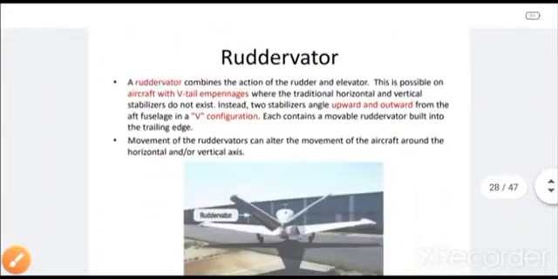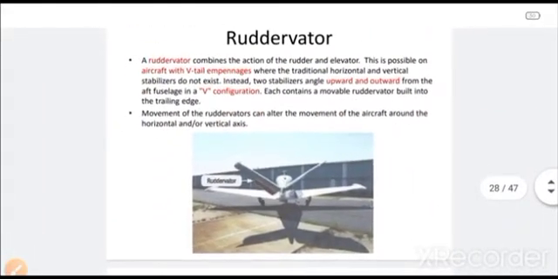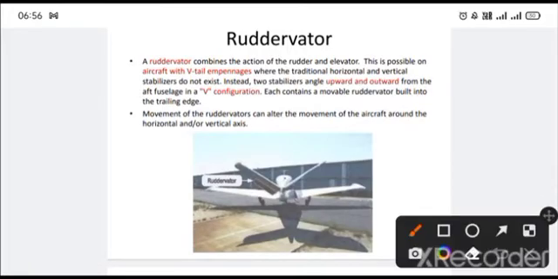Next we have the ruddervator. This is another, the third, mixing or mixed control, in which the rudders also act as an elevator.